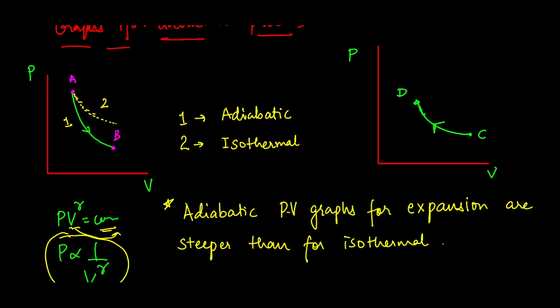In isothermal, more pressure will come than this, so that will go higher. Did you understand? This is number 1 and this is number 2. Number 2 is isothermal once again, right?